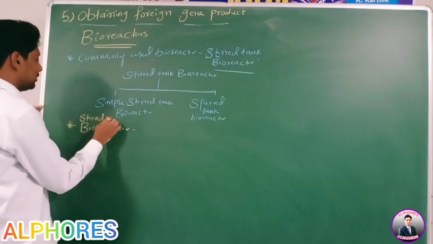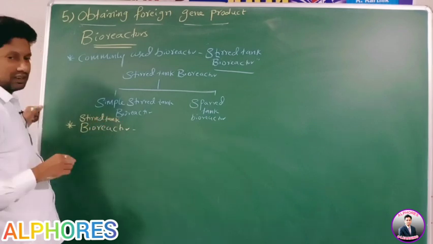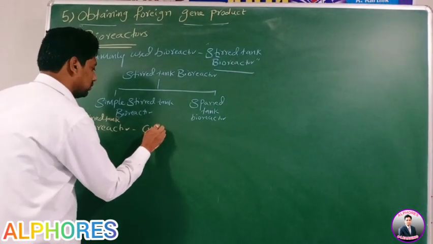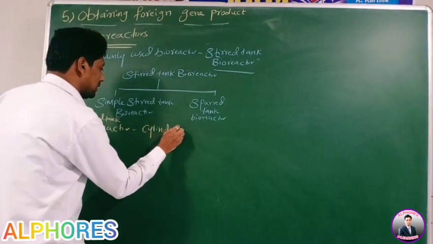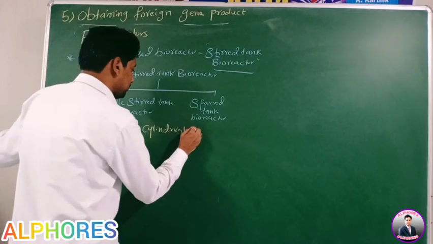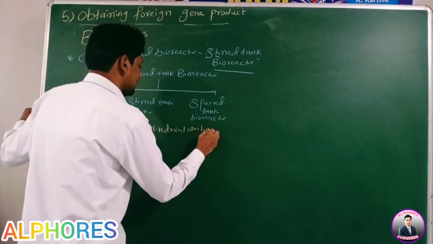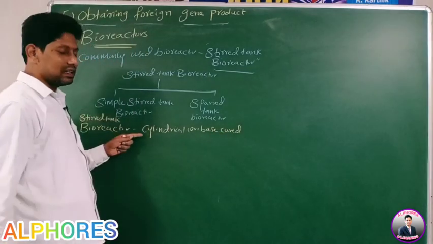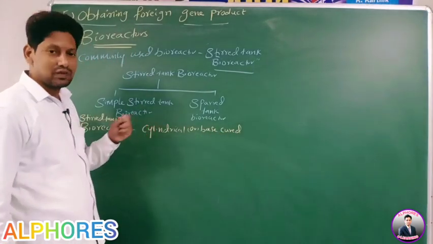Stirred tank bioreactor. It is either cylindrical or base curved. Why are we taking it cylindrical or base curved, sir?